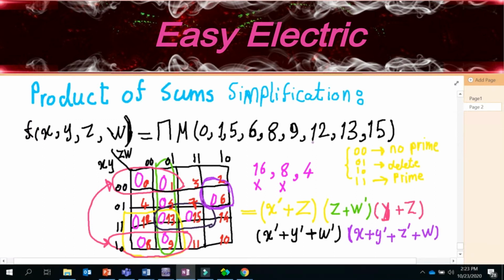That means if you start with any standard form, the output of the K-map is in that standard form. If this is based on the sigma of the min terms, whatever you get is a sum of products. If it's a pi of the max terms, whatever you get should be a product of the sums.